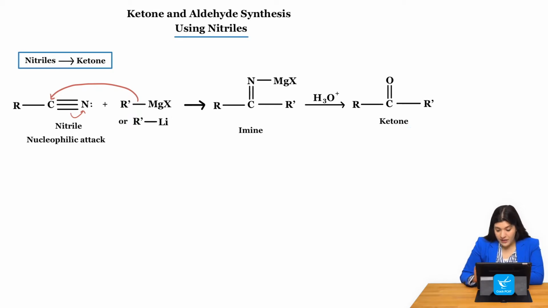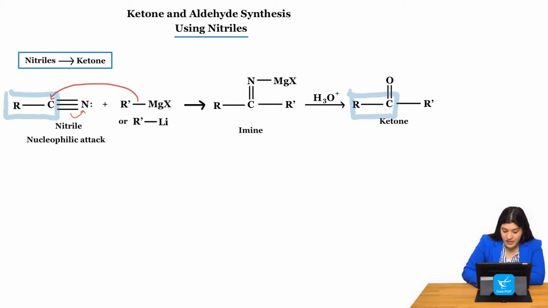So all that's happening is, even just looking at what we're attaching on again, this carbon and this R group are still part of that ketone. The only thing that's changing is, one, of course, we are forming that carbonyl group, and this R group, whatever we're attaching on, attaches on to the ketone.